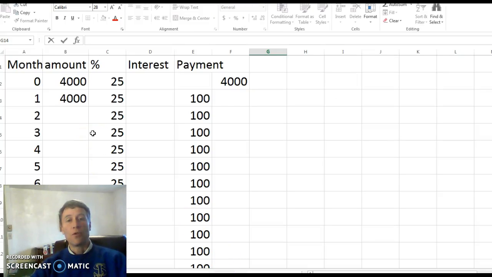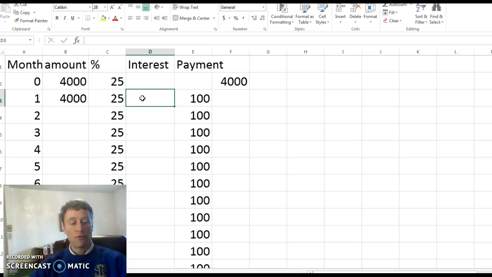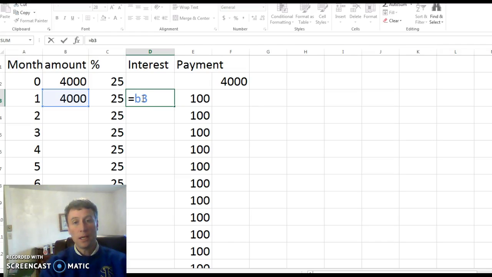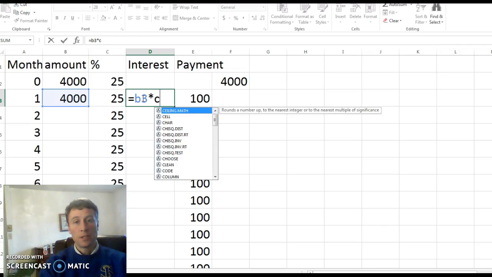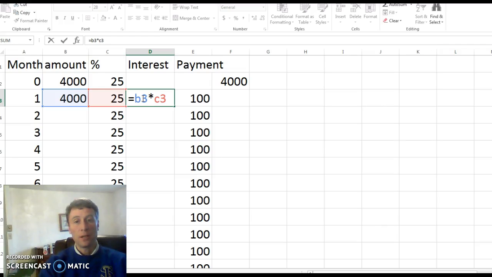So let's say we borrow $4,000 and we pay it back at a rate of 25%. So at the first month, that $4,000, 25%, let's see how much interest that would be for that month. So let's say equals, and then I'll say B3 times C3, that's our interest rate, but that needs to be in a percentage.